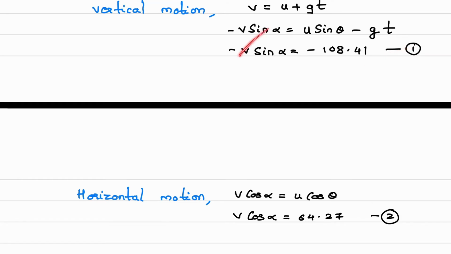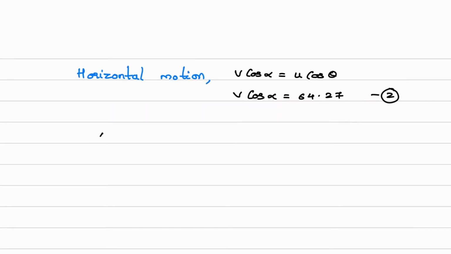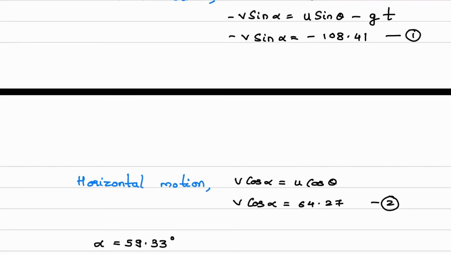So v and v will get cancelled, and sine upon cos you will get tan alpha, and tan alpha is that value divided by this value. From there we can calculate alpha. So alpha is equal to 59.33 degree.